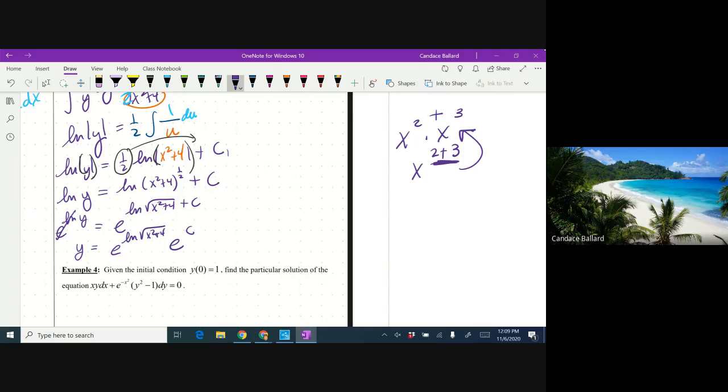And then this thing, really, I should have been doing like a c sub 1. This whole thing here becomes your c. So it's y equals c e to the natural log of... oh, and now I can cancel this guy. I don't need the e anymore. Square root of x squared plus 4.